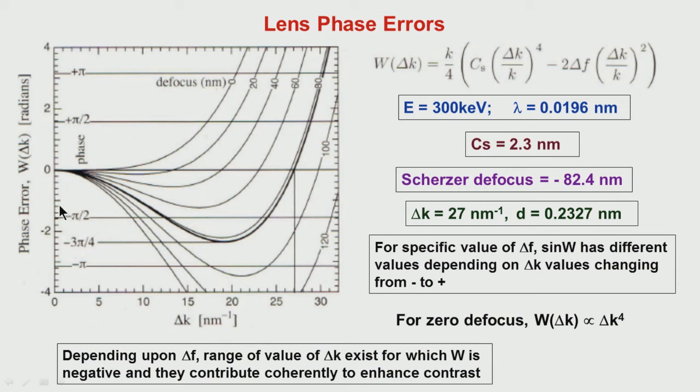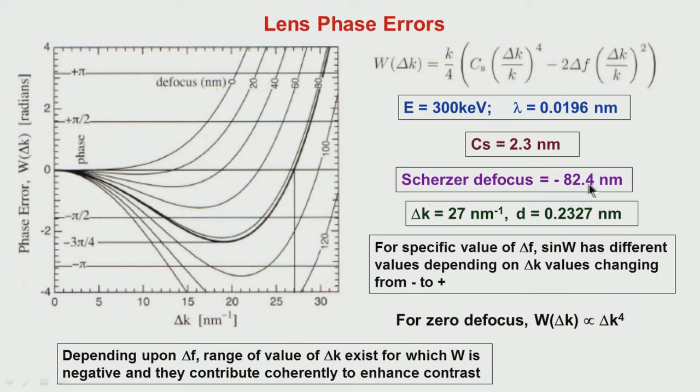So, what one should understand is that the lens itself introduces a phase error, depending upon the defocus. And this phase error, we can see that at a particular value we get an optimum value.